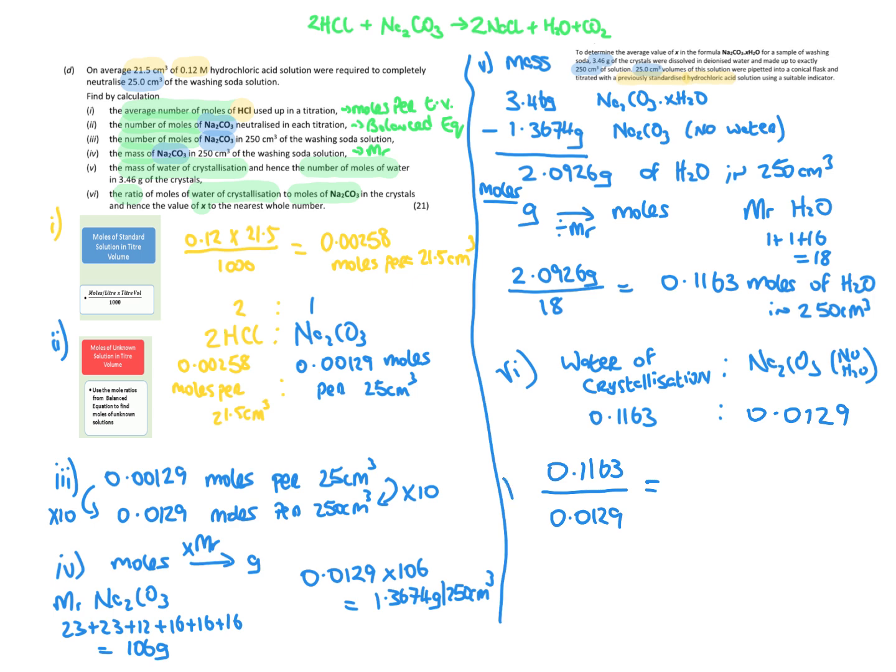And if I do that, I will get that my x value will be equal to 9 when I round it to the nearest whole number. So the actual chemical formula in this question for my hydrated sodium carbonate is Na2CO3 by 9H2O. And at that point, this calculation for the 2020 question 1 of your water of crystallization titration is now complete.